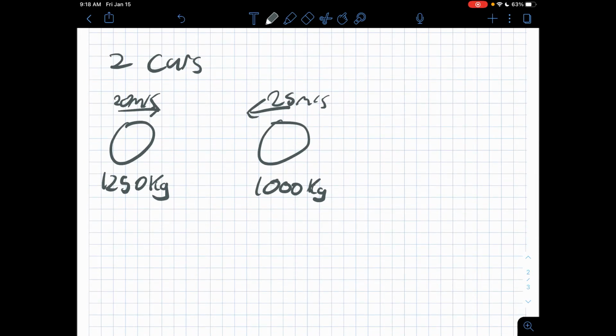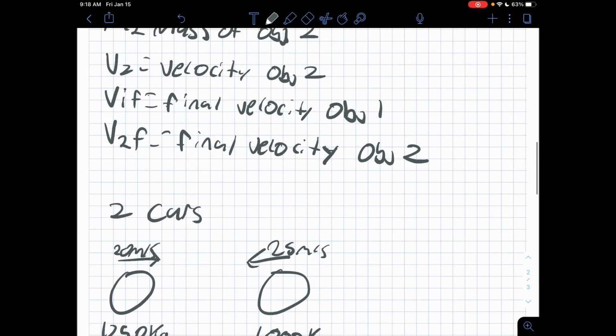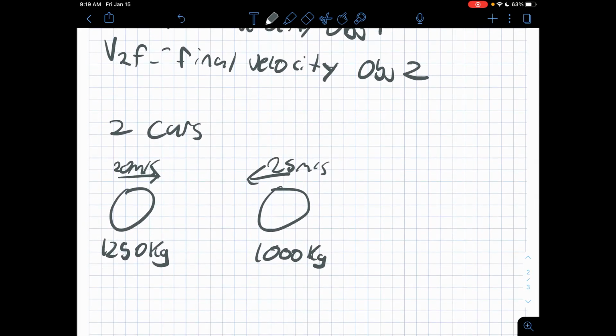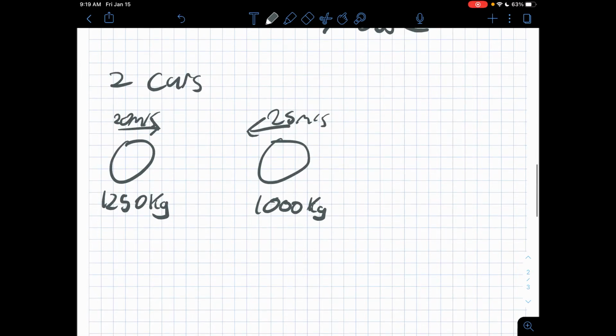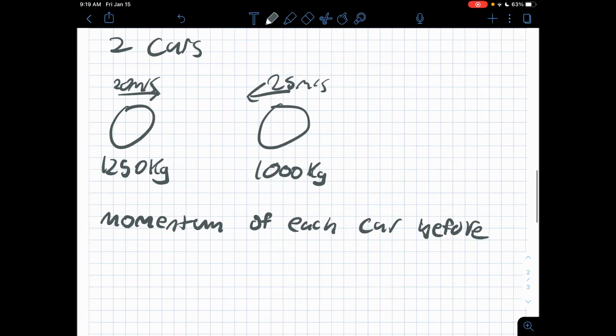Keep in mind the direction that the cars are moving, because that's an important thing to realize. Let's say the collision is perfectly inelastic, meaning that the two cars are combined together afterwards and are treated as one object. I want you to determine the momentum of each car before.